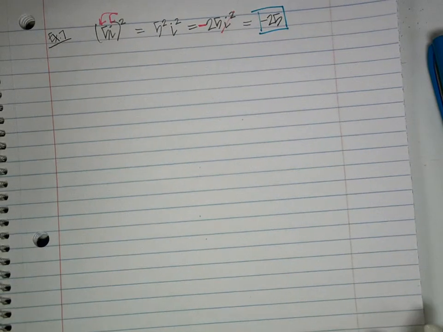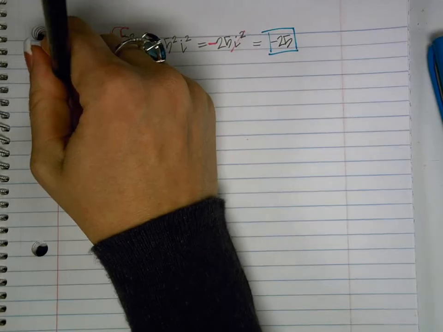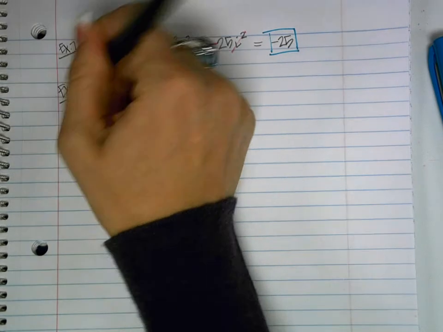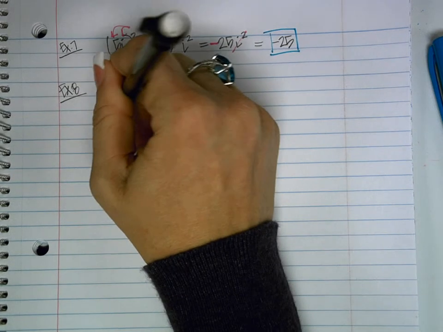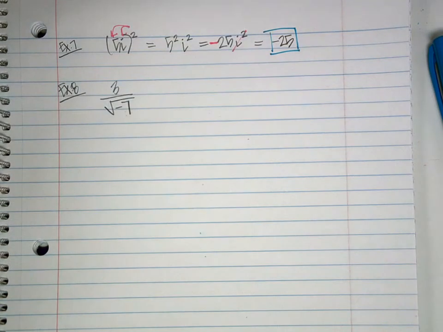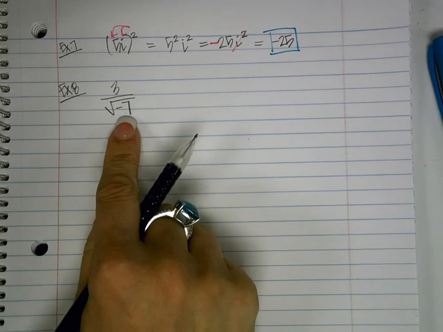Questions so far? Okay, let's try another one. For number 8, again, we're just going to simplify. 3 divided by root -7. Yesterday, I told you that there was a rule saying no roots in the denominator.